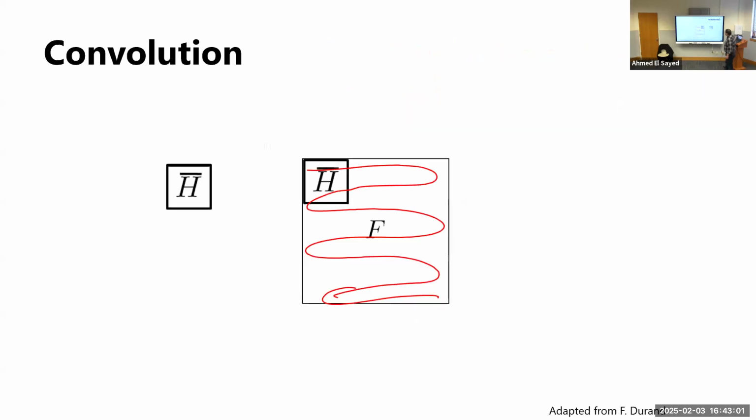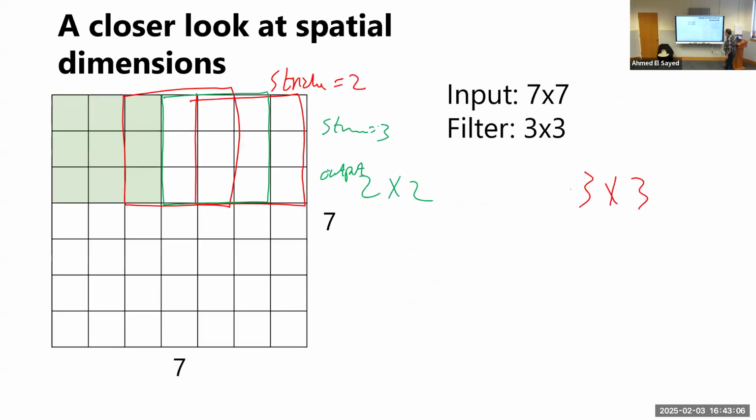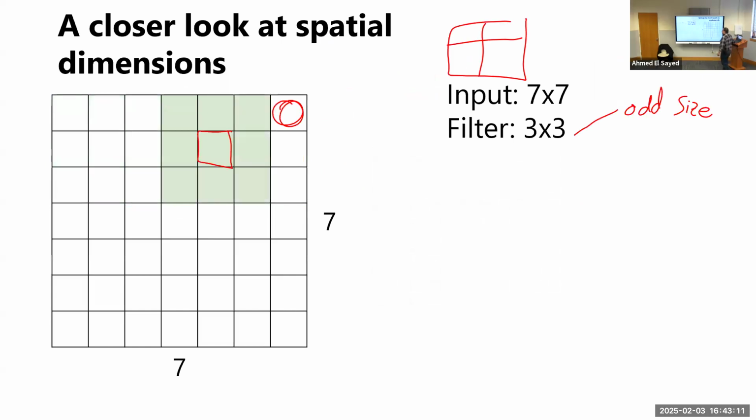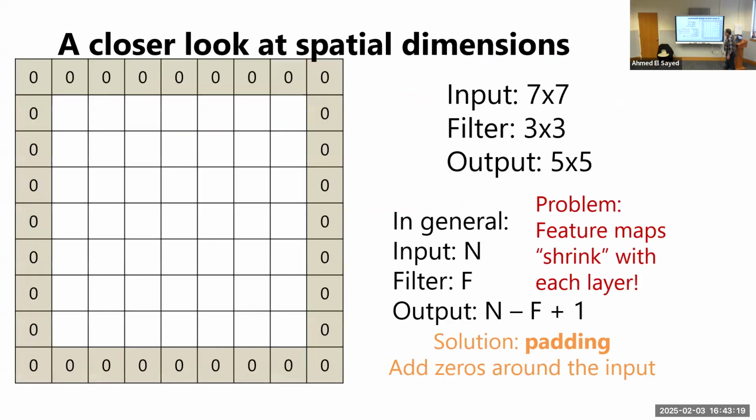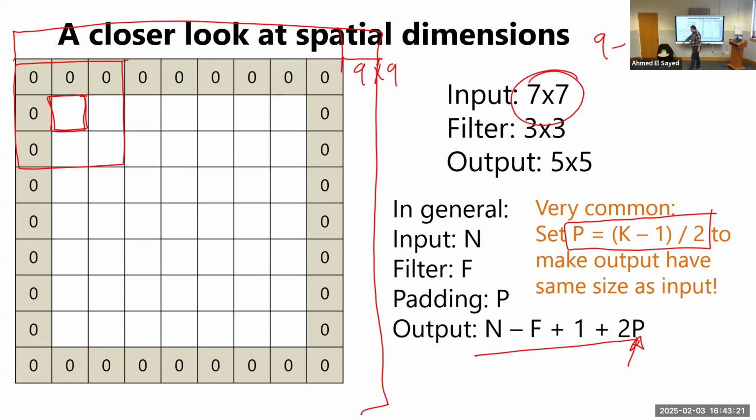Then we started to learn about the types, how we can apply convolution to the image, and how we can extract the output image from this process, and we came up with this equation where n is the dimension of the input image, f is the dimension of the filter, b is the dimension of the padding.